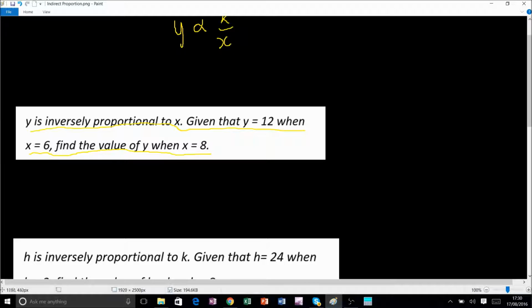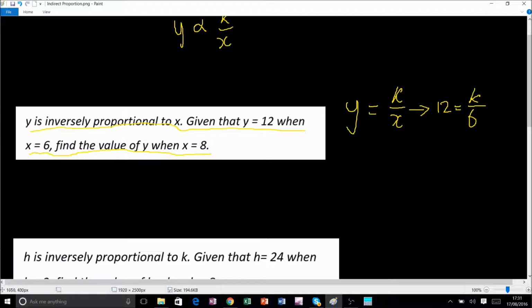We have a relationship where y is equal to k over x, so when y is 12, x is 6. So we've got 12 is equal to k over 6.